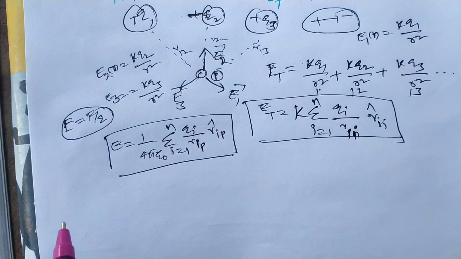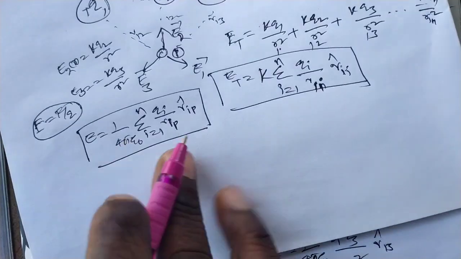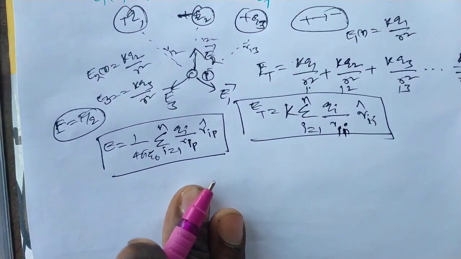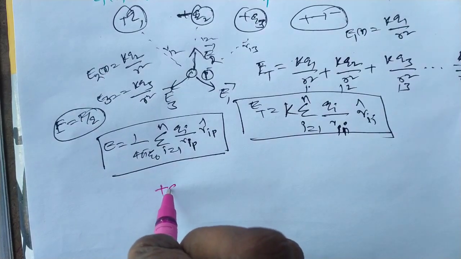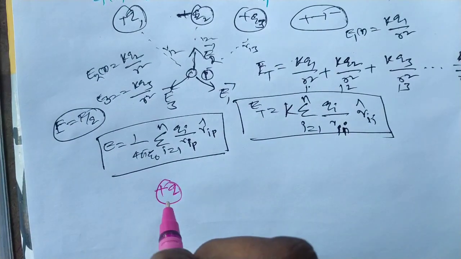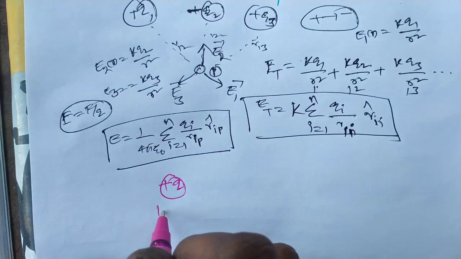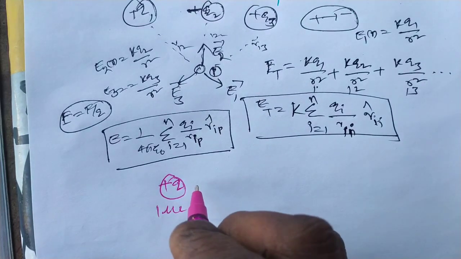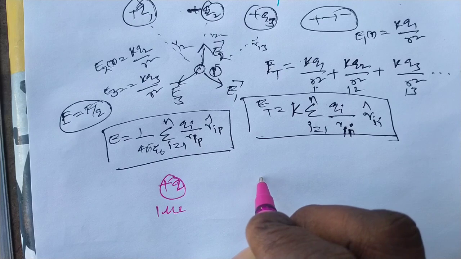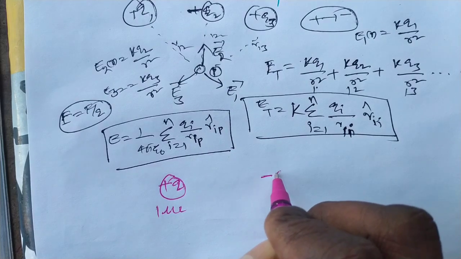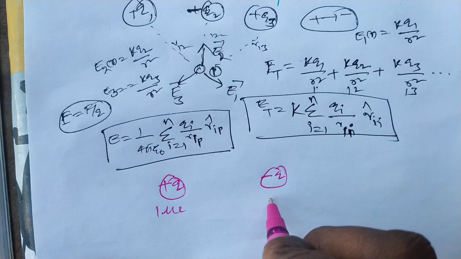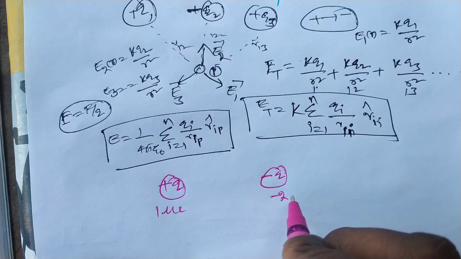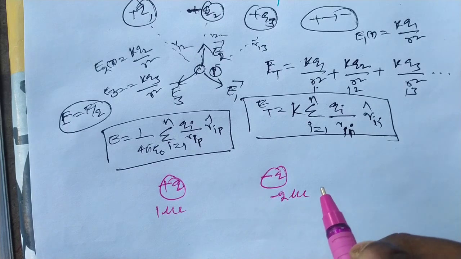Now we can explain one problem on the basis of electric field. Suppose we take one charge of 1 microcoulomb and another charge of -2 microcoulombs.